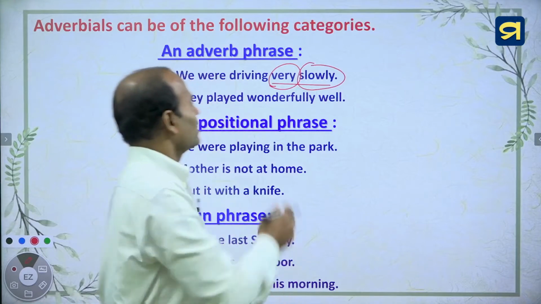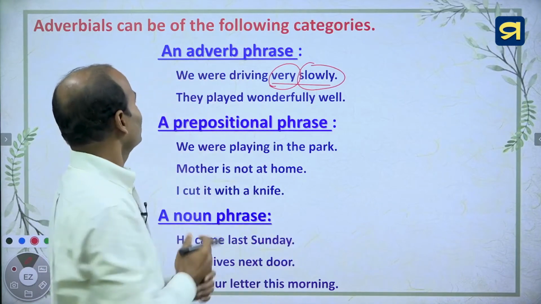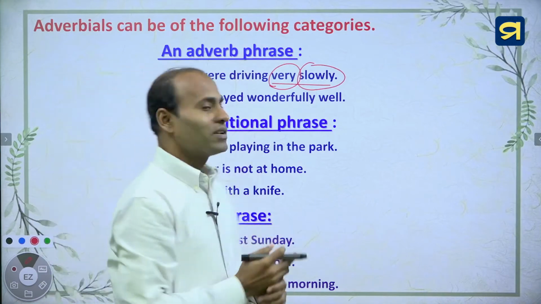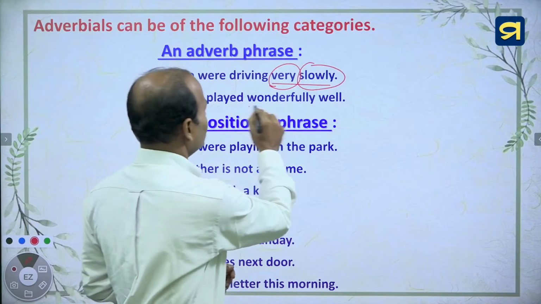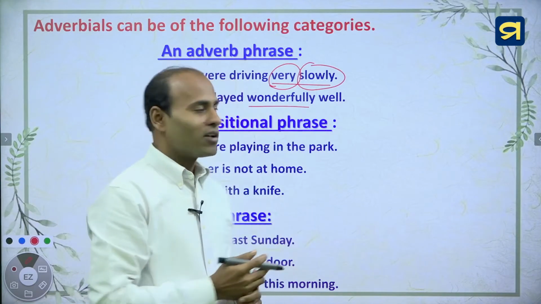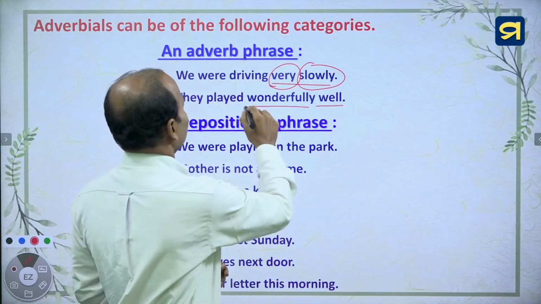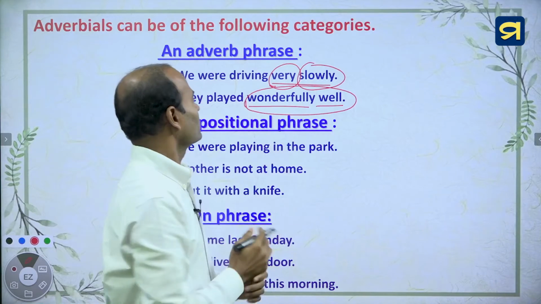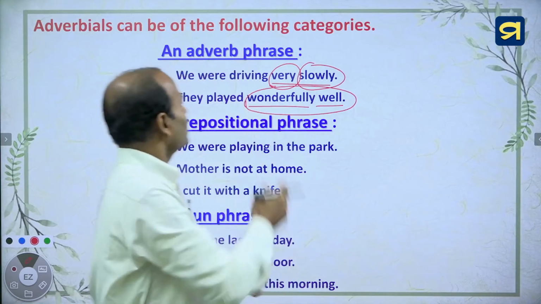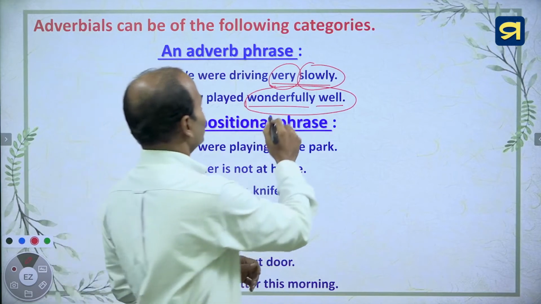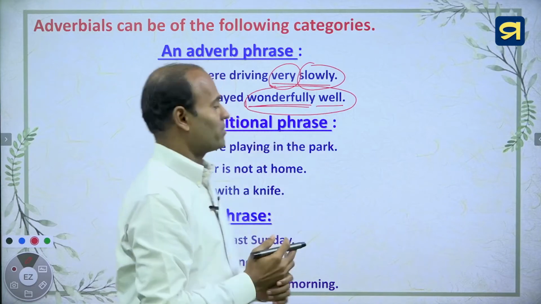So, that's why this is an adverb phrase. Next sentence, they played wonderfully well. You will see here, wonderfully is an adverb along with well. So, this phrase is also an adverb phrase because it begins with the word wonderfully, which is an adverb.